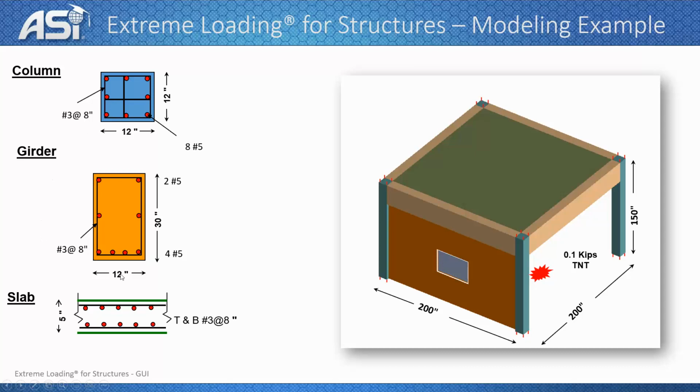The girders are 12 inch by 30 inch, with bottom reinforcement of 4 number 5, top reinforcement of 2 number 5, and also stirrups number 3 at 8 inches. The slab is a 5-inch RC slab with top and bottom reinforcement number 3 at 8 inches.